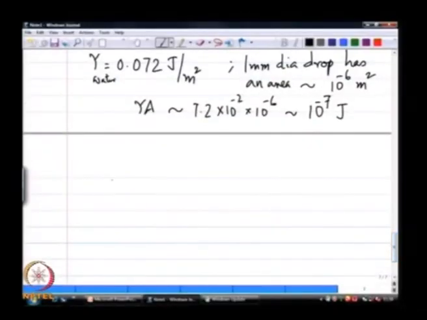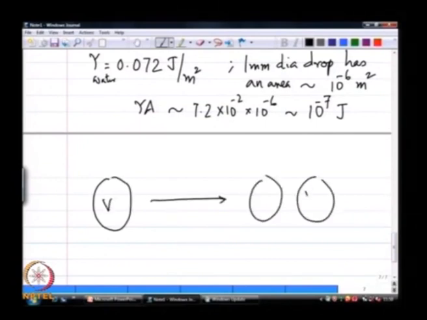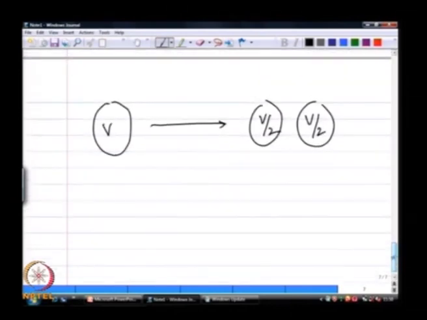Okay. If I want to go from 1 drop of liquid of volume V to 2 of the same volume, what is the energetic cost involved? The surface area here, this is the before situation, is 4 pi times 3 V over 4 pi raised to the power 2/3.